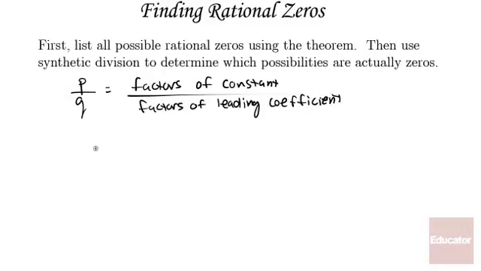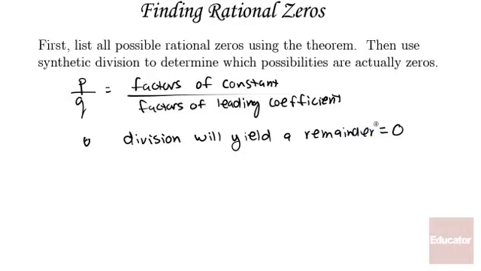Once you've done that, use synthetic division to determine which possibilities are actually zeros. Division will yield a remainder equal to 0 if the value is a 0.